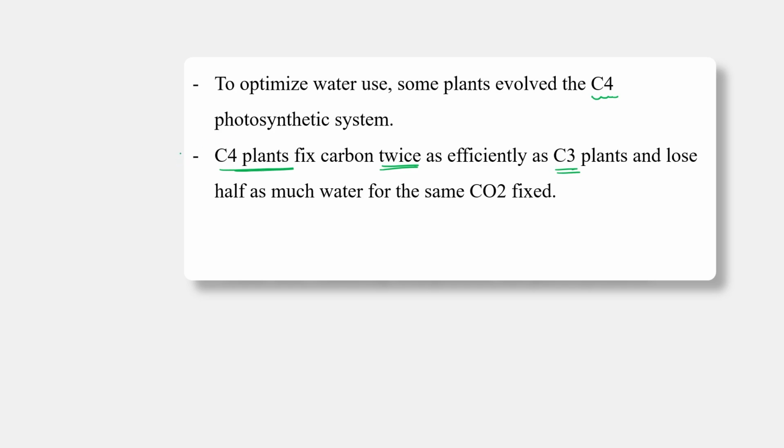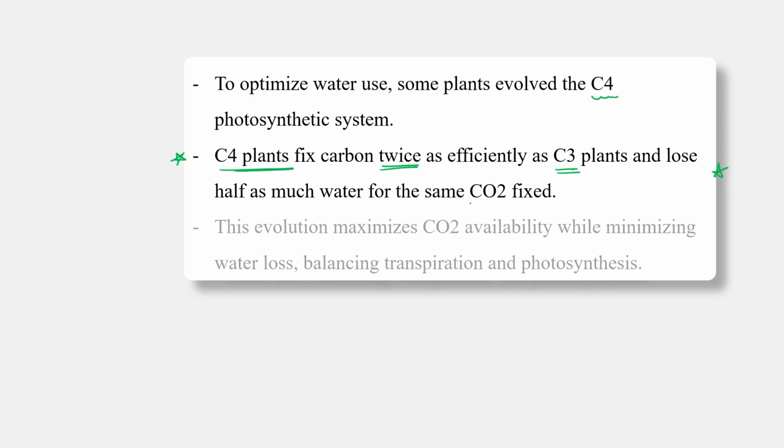But you have to learn that C4 plants fix double the amount of carbon compared to C3 plants and lose half the amount of water for carbon dioxide fixation. And this evolution maximizes carbon dioxide availability while minimizing water loss, showing the balance between transpiration and photosynthesis.